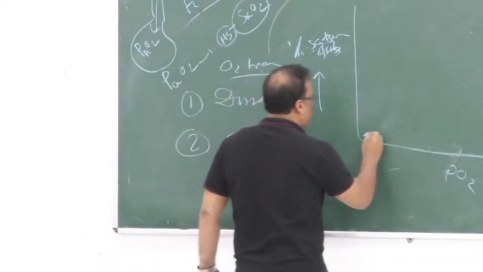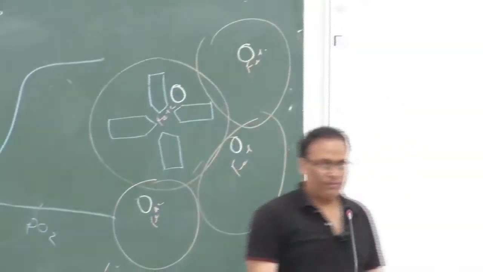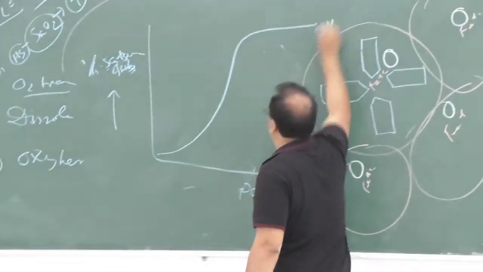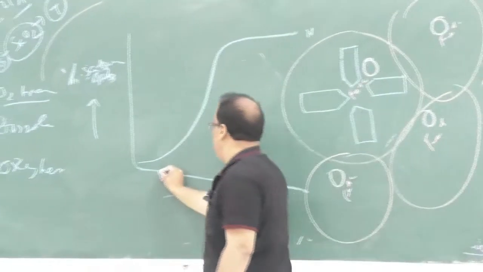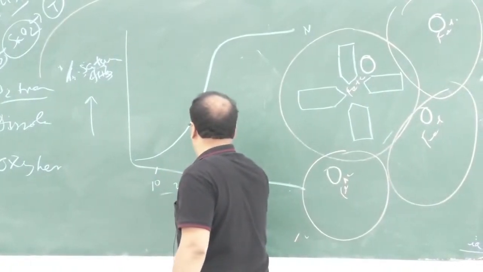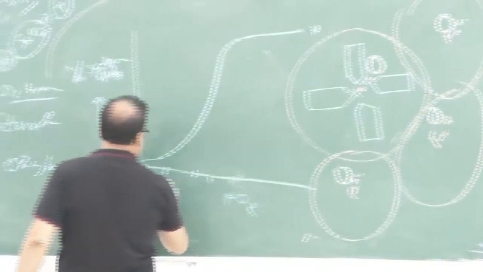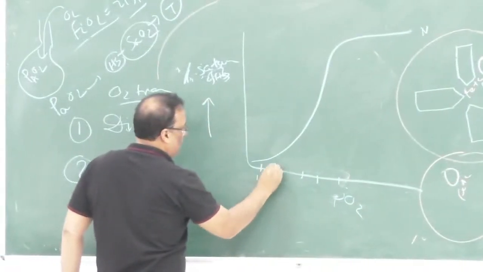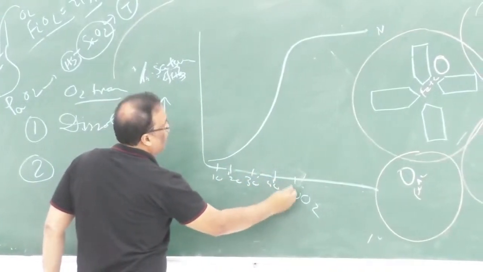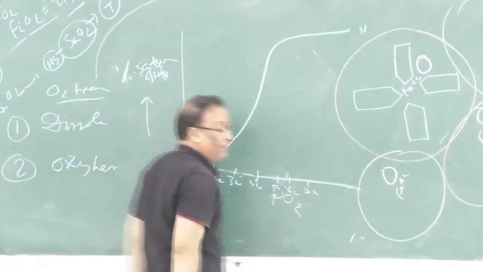গ্রাফটা কিরকম হয়, কেন হয়, will explain. So this is the normal curve আমার তোর আছে, and these are the partial pressure, 10, 20, 30, 40, 50, 60, 70, 100.